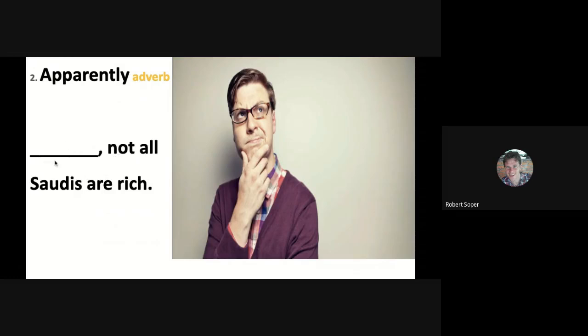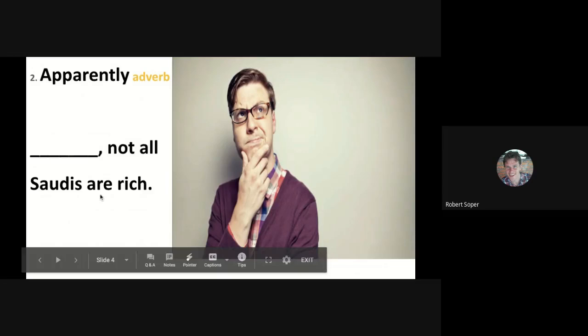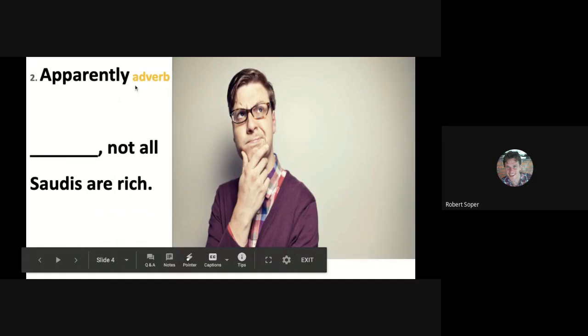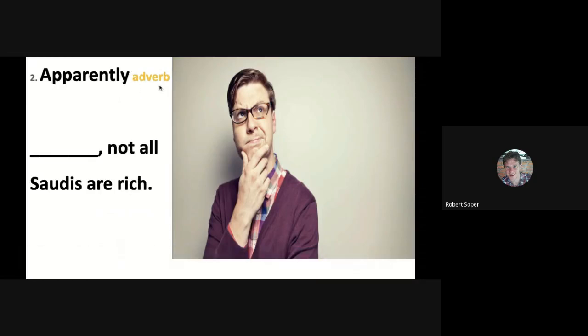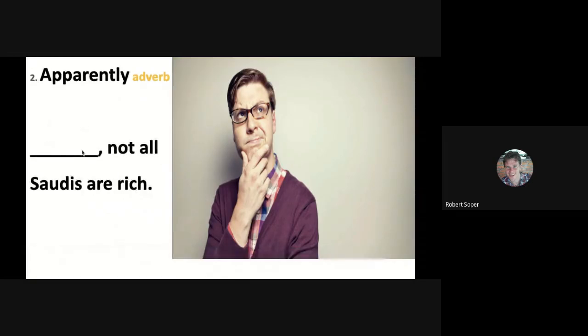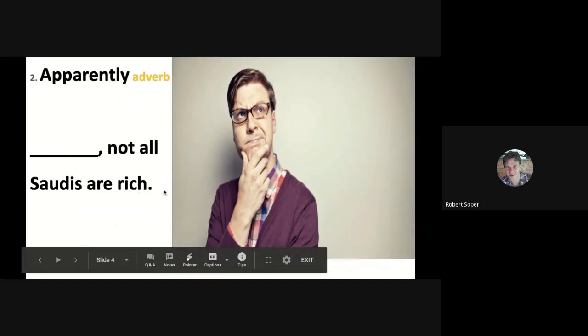Apparently, not all Saudis are rich. Notice here that apparently is an adverb, so it can work at the start of the sentence as long as you put a comma after it. So you can say, apparently, not all Saudis are rich. So basically, what this means is it's seemingly true that not all Saudis are rich.